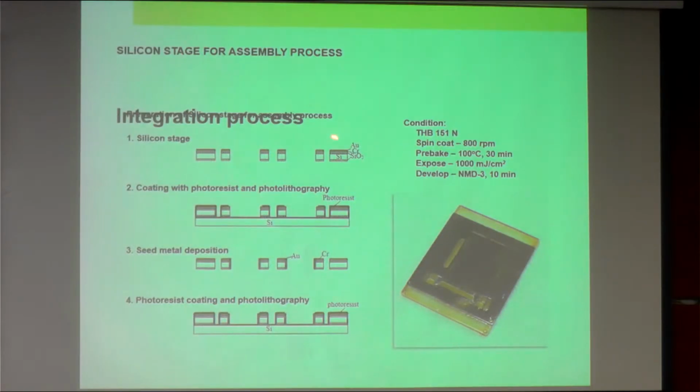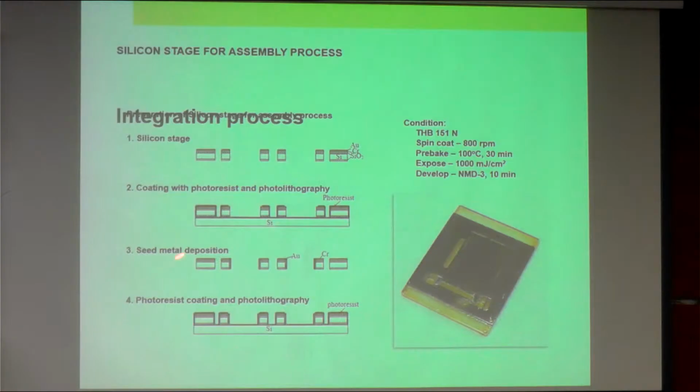The silicon stage is firstly attached to a silicon substrate because the stage is quite fragile and you cannot handle it without a carrier. This silicon substrate basically acts as a base carrier for the processing.